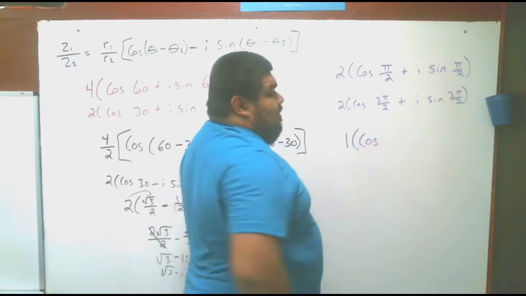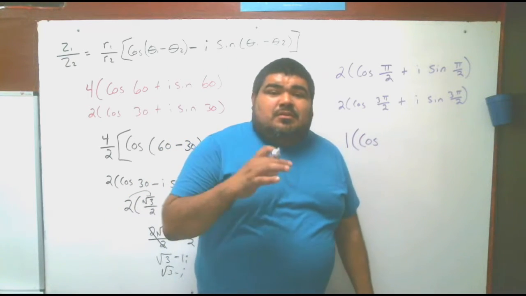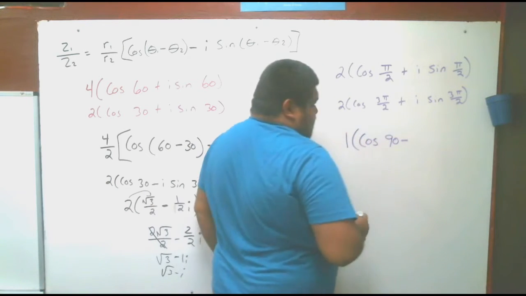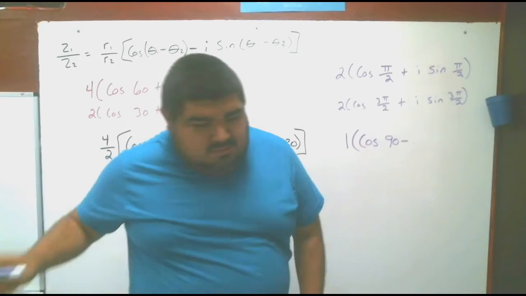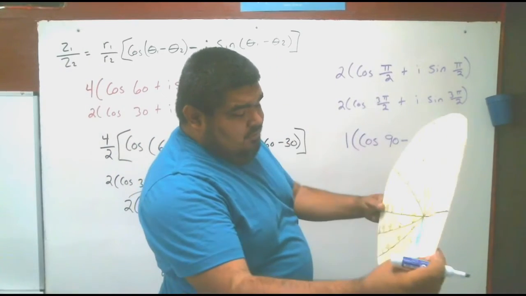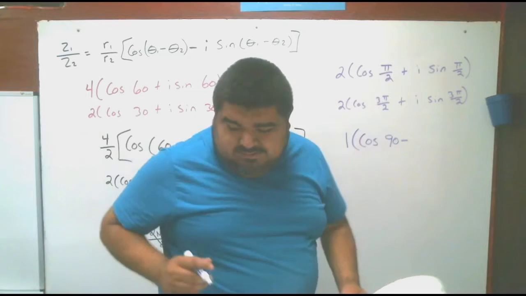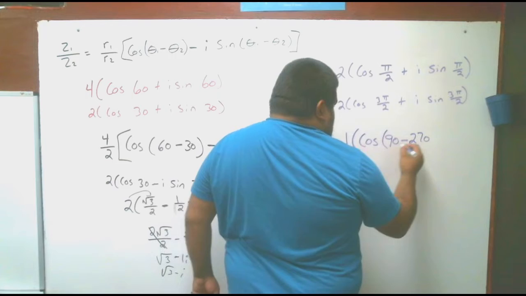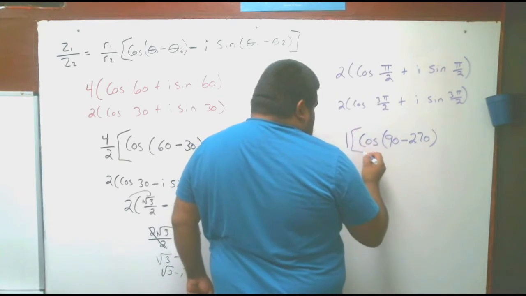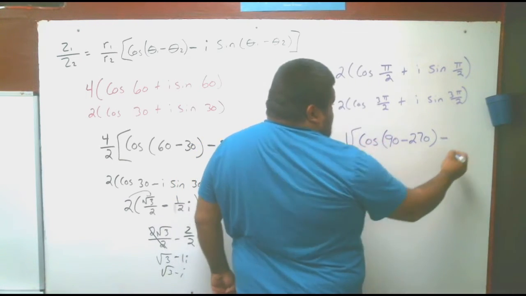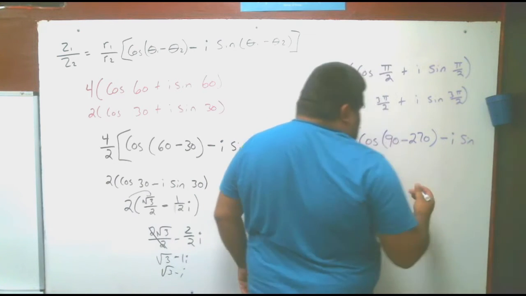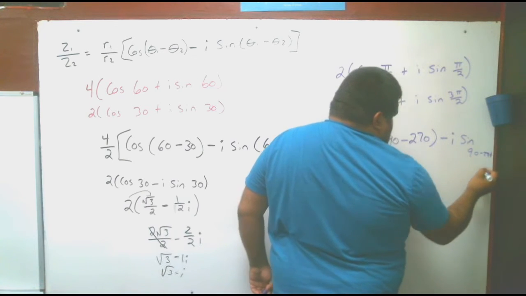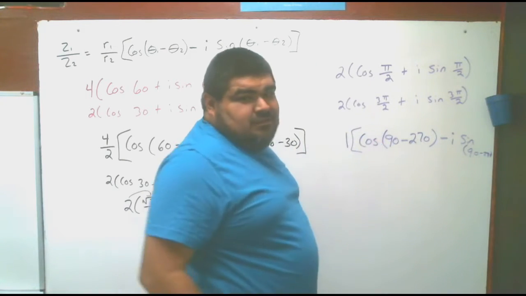So what's 1/2, or pi over 2? It's 90, right? So 90 minus 3 pi over 2, which in this case is 270, okay? 270 minus I sine, again, of 90. I ran out of space here. Stays the same. 90 minus 270.